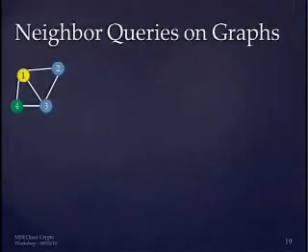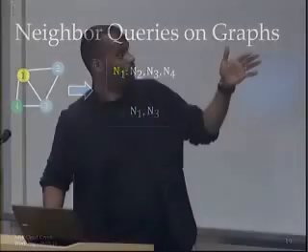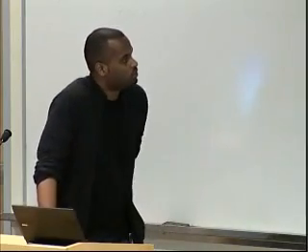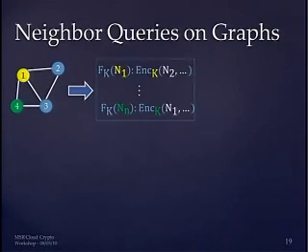Okay, so what does the scheme look like? This is our graph. The first thing we do is generate the adjacency list representation of this graph, which consists of, for every node, writing down all the nodes that are adjacent to it. This should be a familiar data structure. Then we use the pseudorandom function on the nodes, so we turn them into random-looking values.